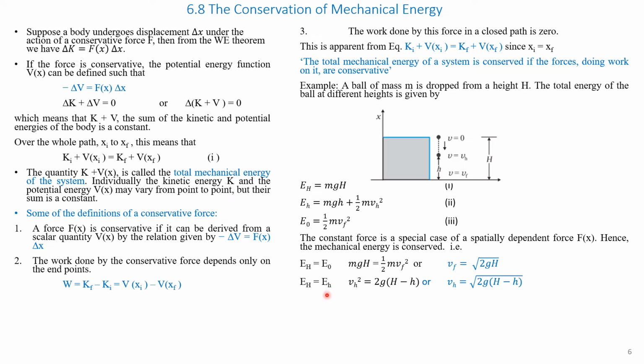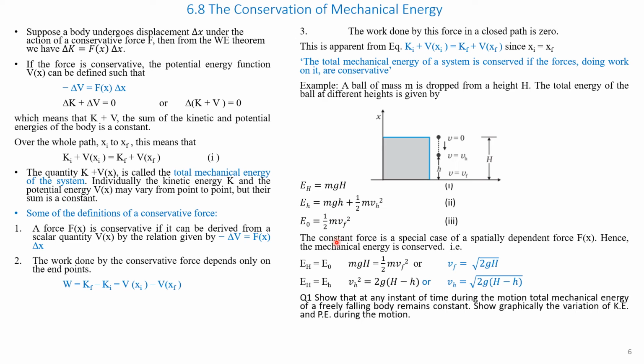Then equating E(H) equals E(h), if you put mgH equal to mgh plus half m vh square, we get vh square is equal to 2g into (H minus h), or vh is equal to the square root of 2g into (H minus h).